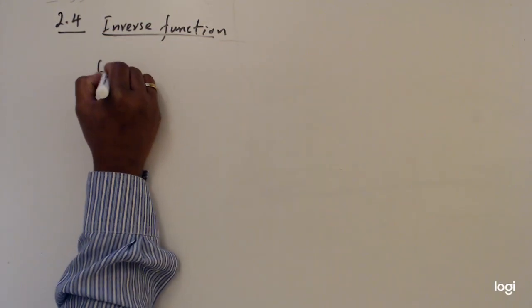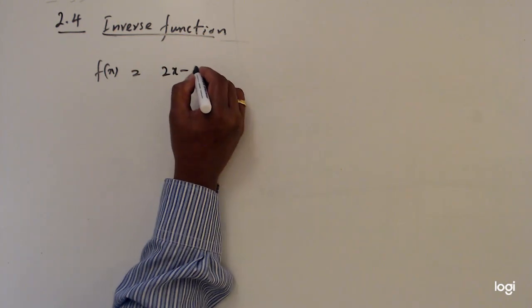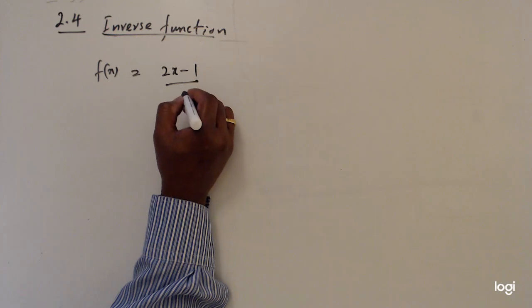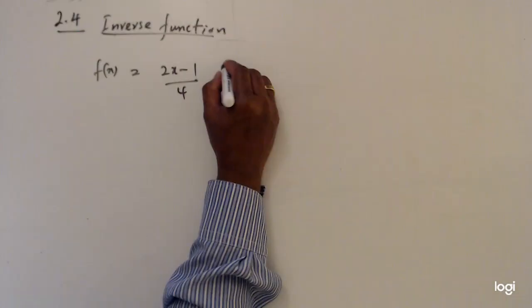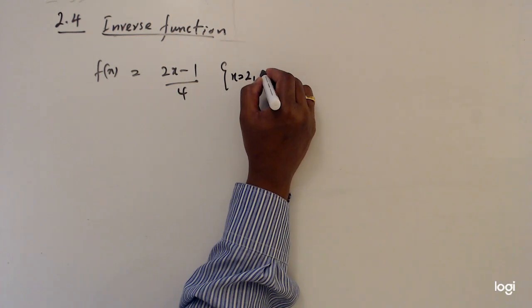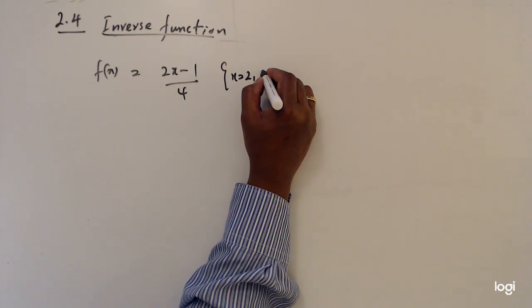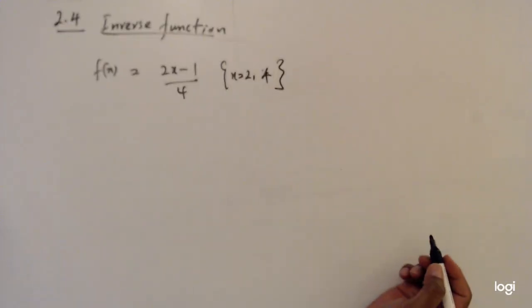So I have a function f(x) equal to (2x minus 1) divided by 4. I'll take two elements in the domain, x equal to 2 and x equal to 4, only two elements.